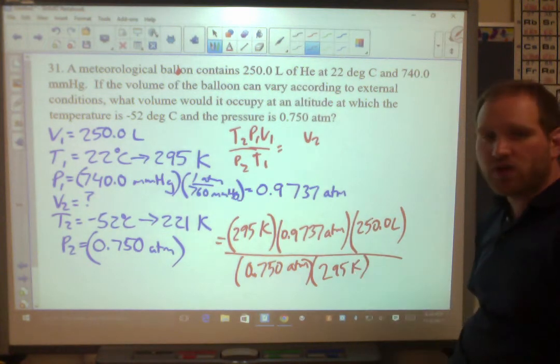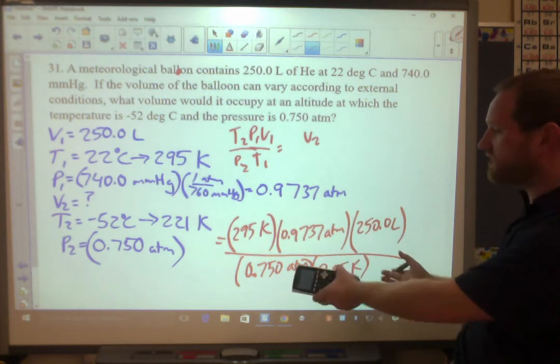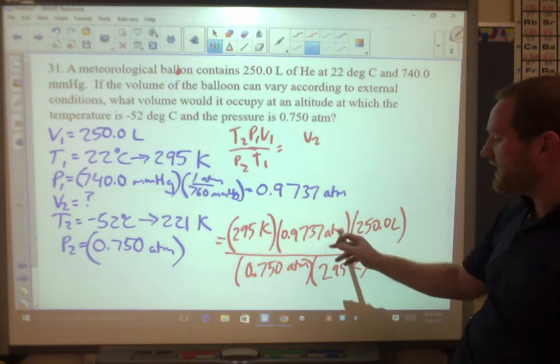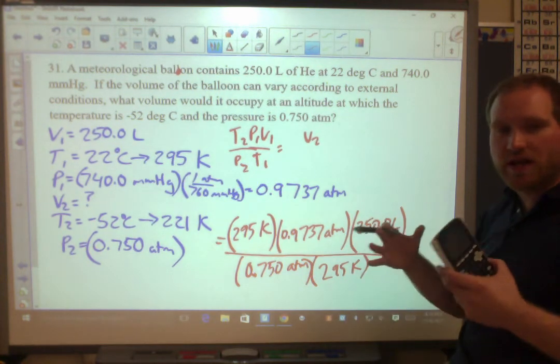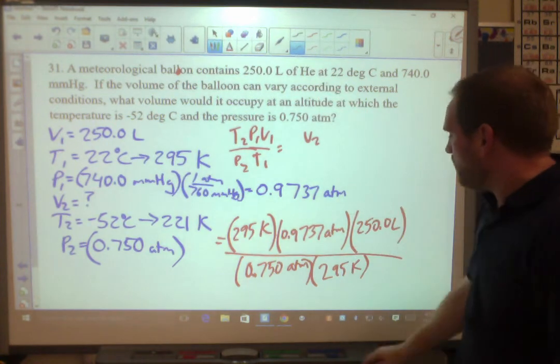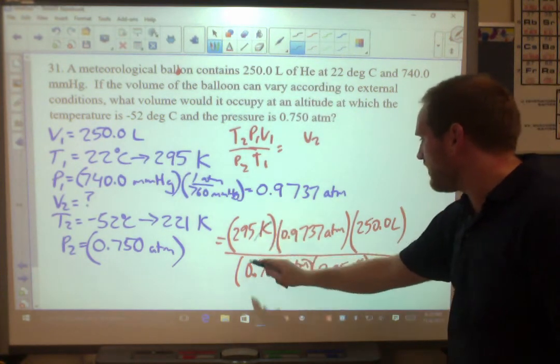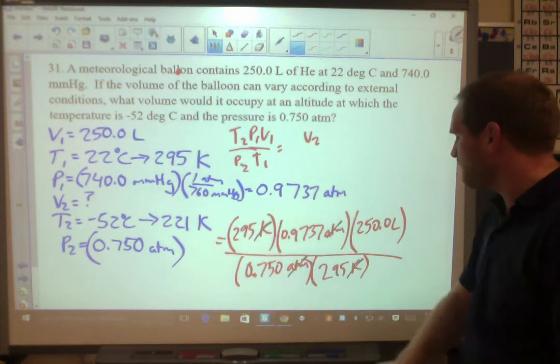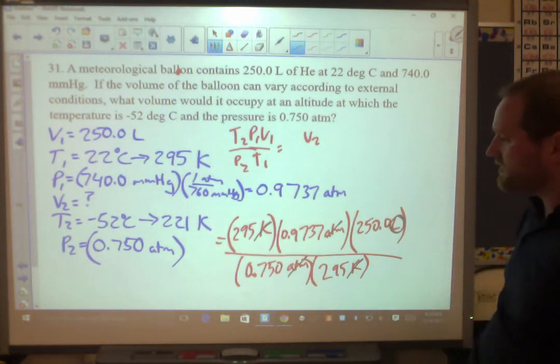Now, hopefully at this point, if you forgot to do the conversion of your pressure units, you would notice atm, mmHg, and you would say, wait, I need to do that. So Kelvin cancels Kelvin. atm cancels atm. We're left with liters. Does that make sense for V2?